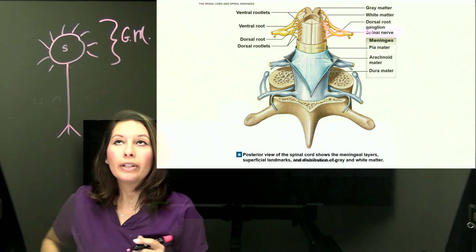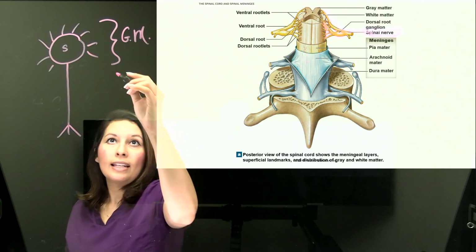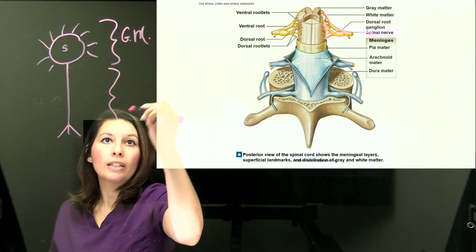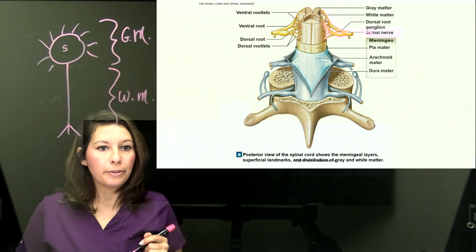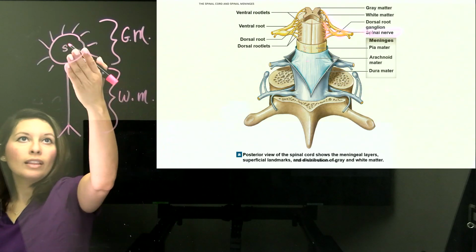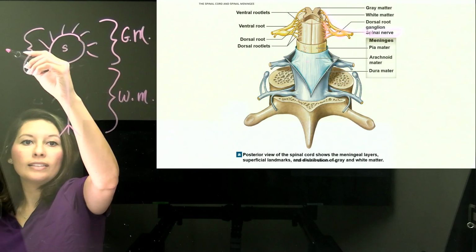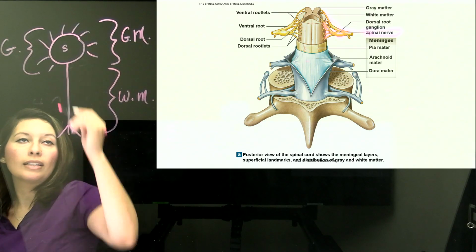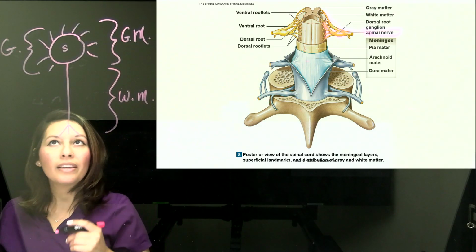The gray matter is where we typically find the somas. And then the axons are typically located in an area that we call the white matter. Now, in the peripheral system, the cell bodies are also located in these ganglions, right? These ganglions, like this dorsal root ganglion that you're seeing right here.